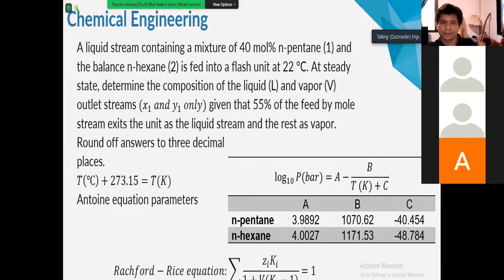Tama ka na? Tama ka na, Paolo? Kuha mo na sa BBL. Three decimal.